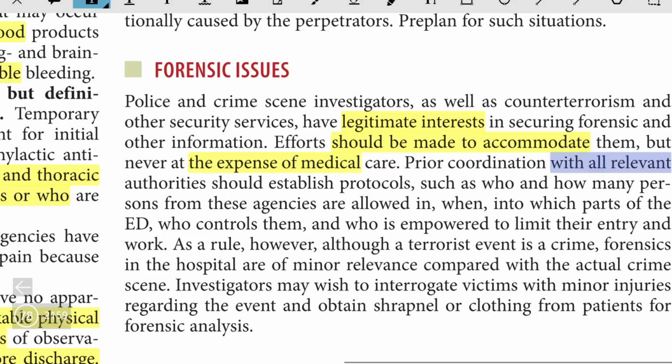Prior coordination with all relevant authorities should establish protocols such as who and how many persons from these agencies are allowed in, when, into which parts of the ED, who controls them, and who is empowered to limit their entry and work. As a rule, however, although a terrorist event is a crime, forensics in the hospital are of minor relevance compared with the actual crime scene.